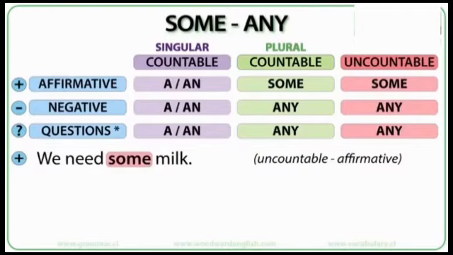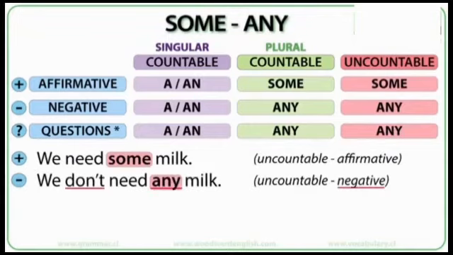Milk is an uncountable noun. We need some milk. We use some because we don't specify an amount and it's an affirmative sentence. How can we make this a negative sentence? We don't need any milk.